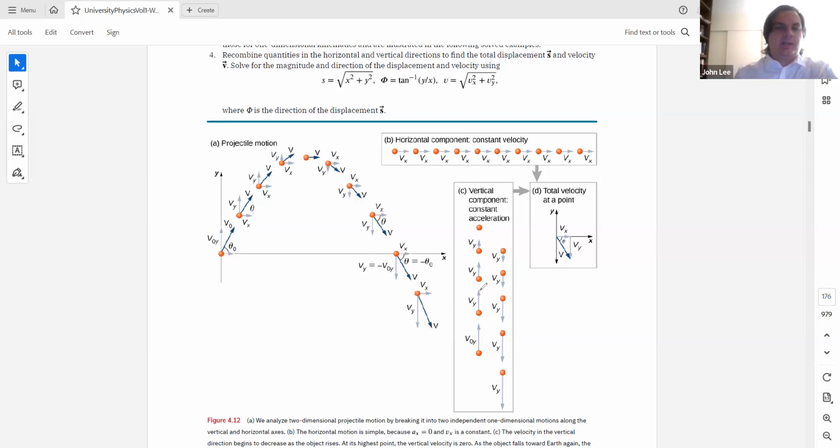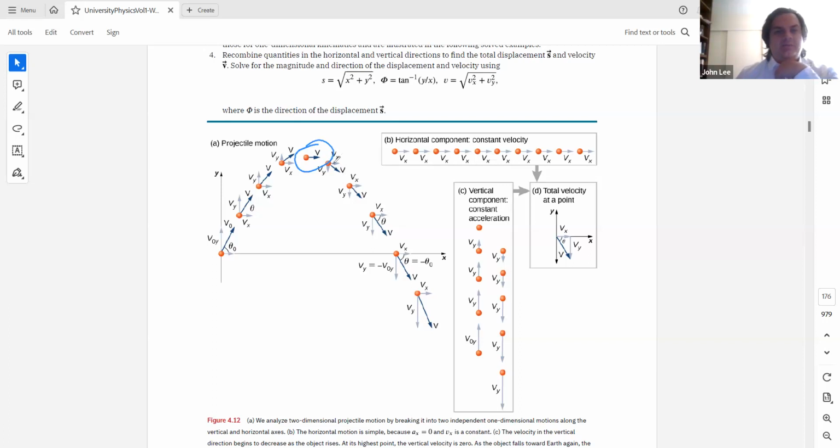So when you look at the total velocities, you start out with v naught y and v naught x. The velocity in the y direction changes over and over again, but the velocity in the x direction stays exactly the same. So that at its peak, the velocity here is only the initial velocity in the x direction with no velocity in the y direction.